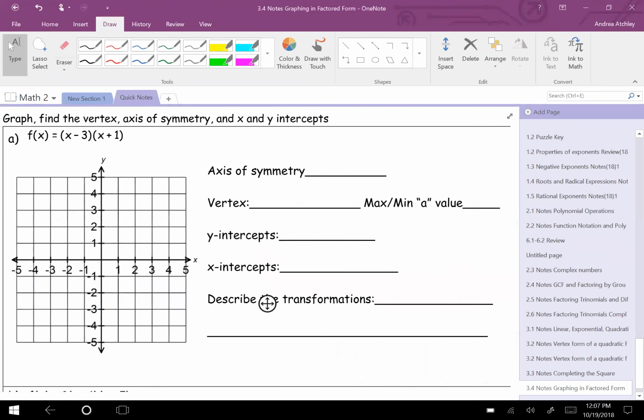Okay, so here's our equation. f of x equals the quantity of x minus 3 times the quantity of x plus 1.